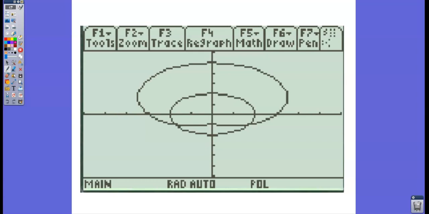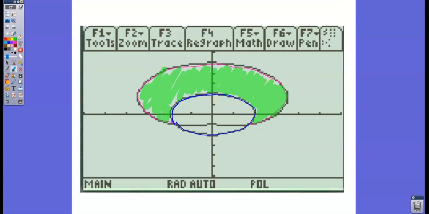And so if we look at this, that means it's inside this, but outside the circle, which means that the region that we're trying to find the area of in this case is this region right here.